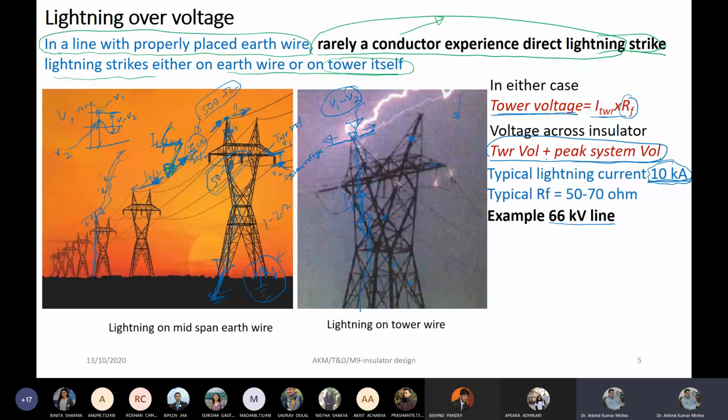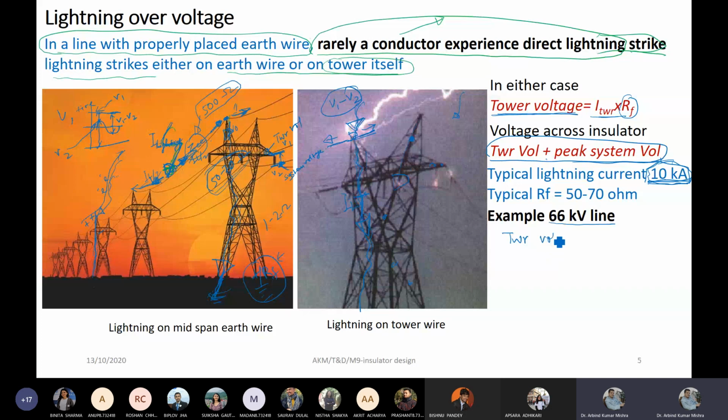For 20 kiloampere, it is 10 kiloampere; for 10, it is 5 kiloampere; for 40, it may be 20 and 20. Since this is not known, and the worst case could be the lightning current striking directly on the tower itself, we may consider that this 10 kiloampere is passing through the tower itself. So that's why you first calculate the tower voltage.